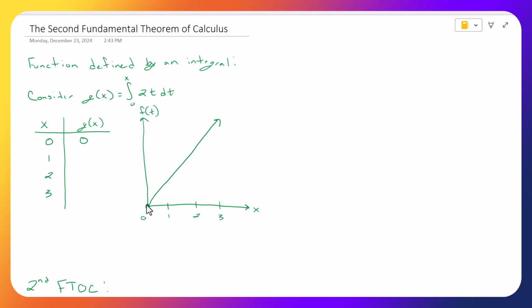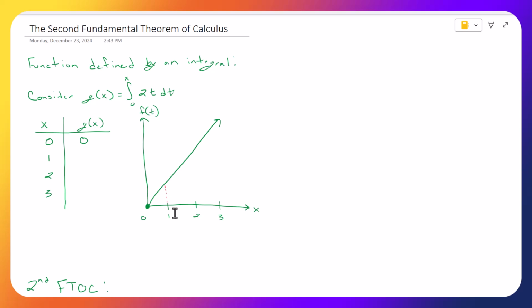It's 0. And then if we go to 1, before we were using rectangles, but here we actually have a clear shape. This is a triangle. What's the formula for the area of a triangle? Base times height divided by 2.